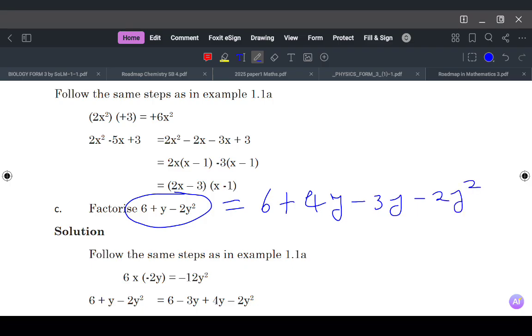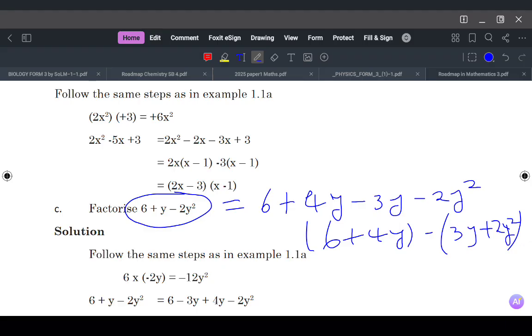All right, so that's what we shall have. Then you pair them up. So pairing them up means 6 plus 4y in this bracket there, then minus 3y plus 2y squared. Then you factorize each bracket.